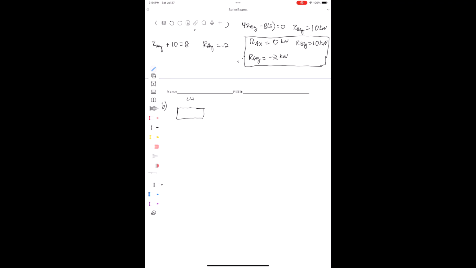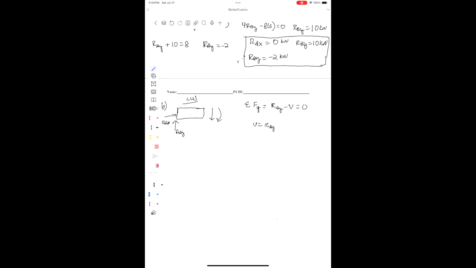So in our free body diagram for the left-hand side, we just have RAX, RAY, and then our internal shear and our moment. There's not going to be an internal normal force, as we don't have any forces in the X direction for this beam, so it's just going to be 0. So our forces in the Y are just going to be RAY minus V equals 0.